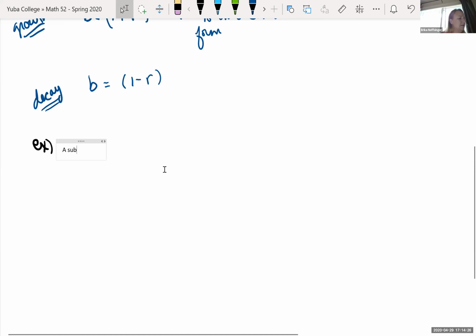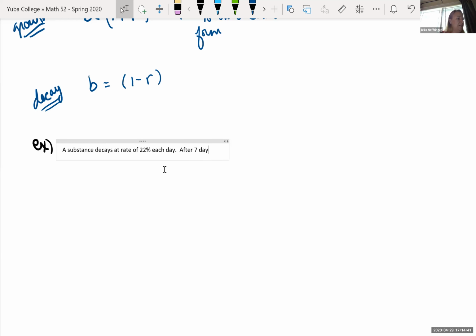A substance decays at a rate of 22% each day. After 7 days, there are 9 milligrams of the substance remaining. How many milligrams were there initially?